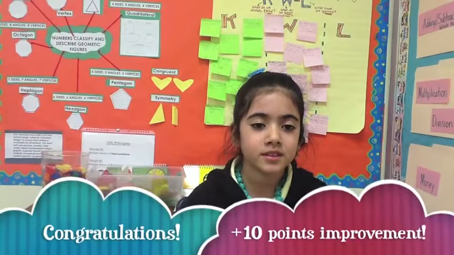My FAST 1 score was 81% advanced. My FAST 2 score was 91% advanced. I improved 10 points. My FAST 1 score was a 60% proficient. My FAST 2 score was a 74 advanced.